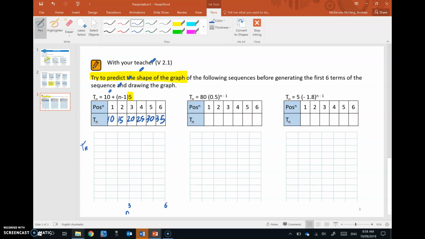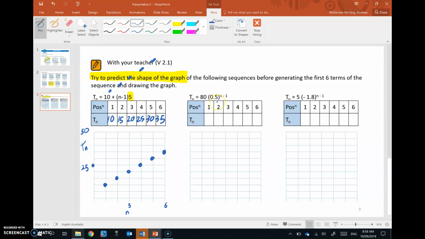We need to go up to 35: 5, 10, 15, 20, 25, 30, 35, 40, 45, 50. That'll do. Okay, so this graph will look like this one, going up in 5s from there, 15, so something like this. We want those to be in a straight line, okay?